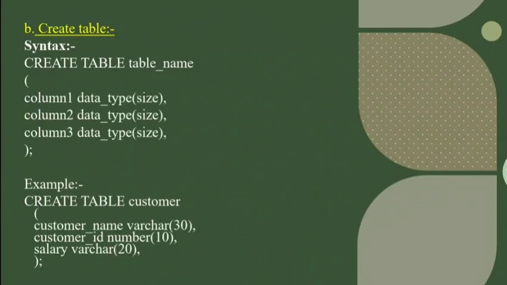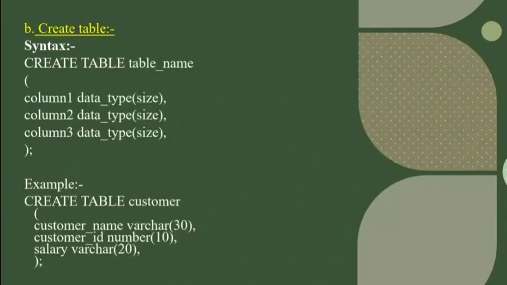If you see the syntax here: create table, table name, column 1 with its data type and size, column 2, column 3. However many columns we require for our requirement, you can give that many columns and create the particular table from those columns.